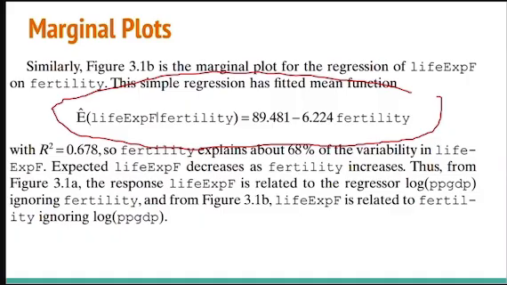So that is marginal plots. Once again, when I say marginal plot, the marginal plots are about looking at the effects of a particular explanatory variable on the response, ignoring another potential variable that could have a connection to the response. Is there any question here before moving forward?